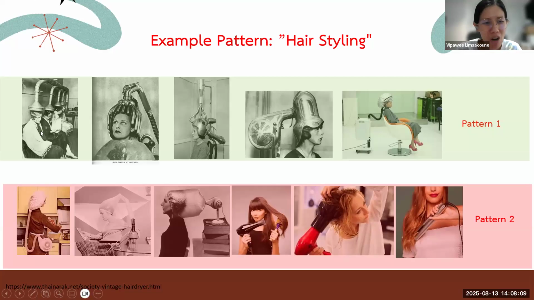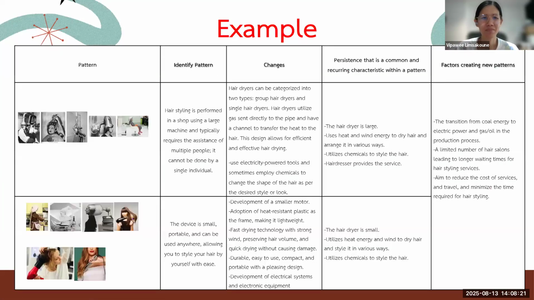But then later on, they have a smaller or more user-friendly one. You can do it by yourself. So the first pattern is that you will need to go to the shop and there is staff service for you to dress your hair.